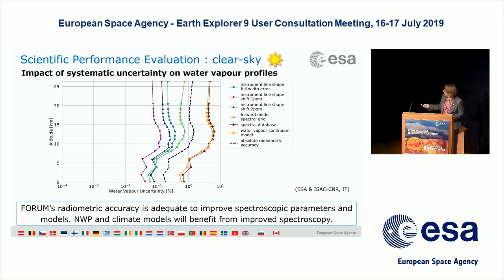So that means, since we have this difference, that the FORUM's radiometric accuracy is adequate to improve spectroscopic parameters and models. And so then numerical weather prediction and climate models will benefit from this improved spectroscopy we can get out of the data.